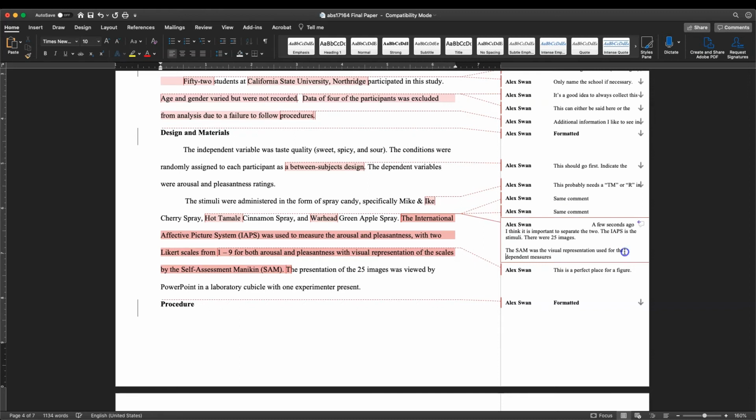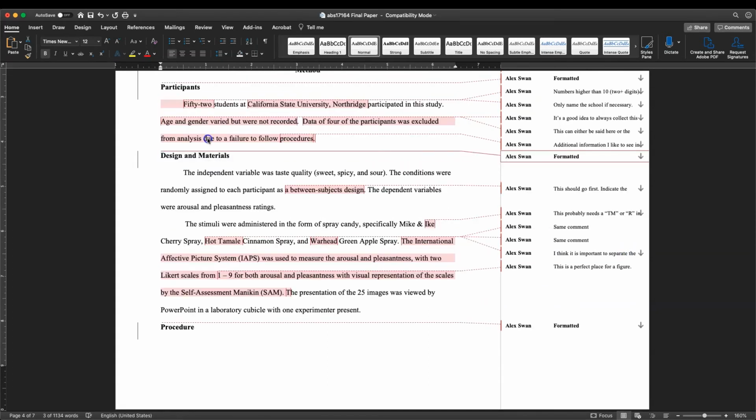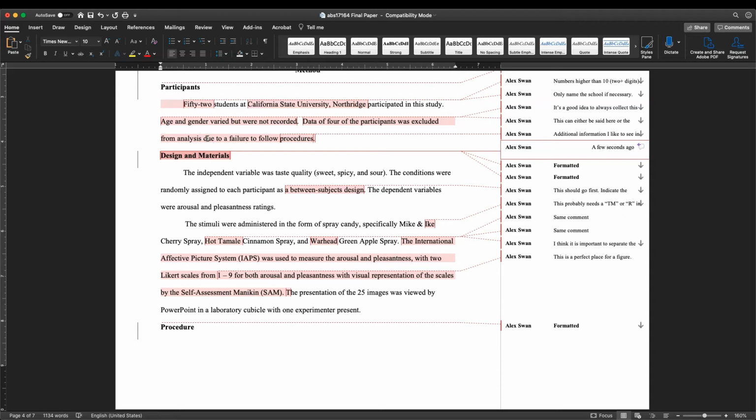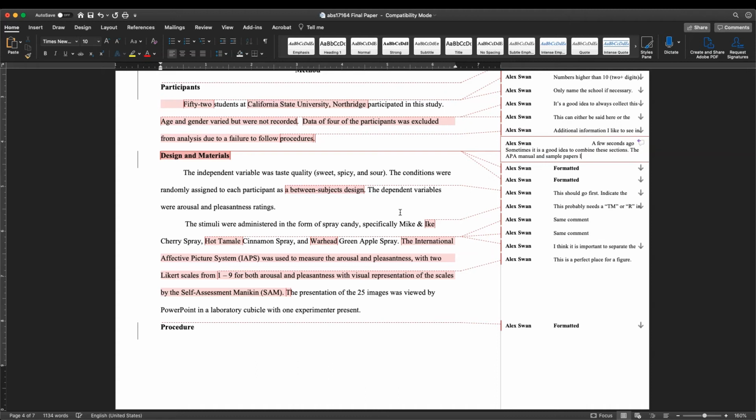And then the other thing that I note here is that there's a bit of confusion regarding the IAPS and the SAM. So the IAPS is a set of pictures that we found for this, and I believe they were landscapes with objects in the landscapes. I don't remember, don't quote me on that.